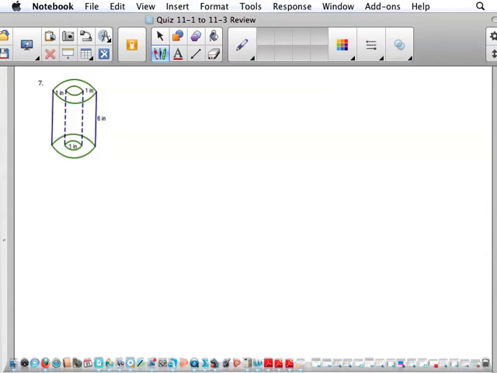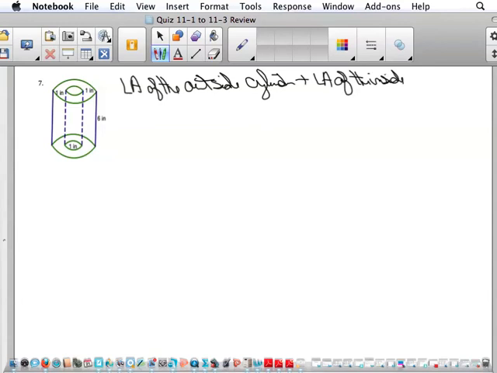Okay, number 7, remember we talked about this one in class. To find the surface area of this solid, you have to first find the lateral area of the outside cylinder, plus the lateral area of the inside cylinder.